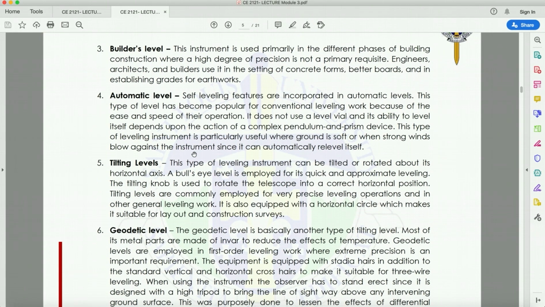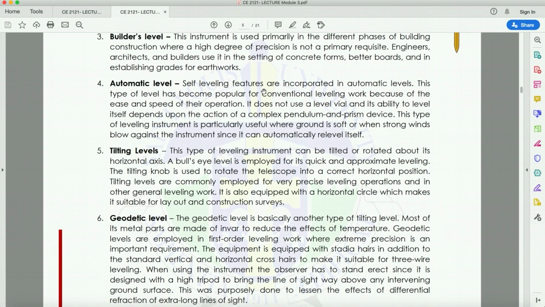Next is the automatic level. Self-leveling features are incorporated in automatic levels. This type of level has become popular for conventional leveling work because of the ease and speed of its operation. It does not use a level vial and its ability to level itself depends upon the action of a complex pendulum and prism device.